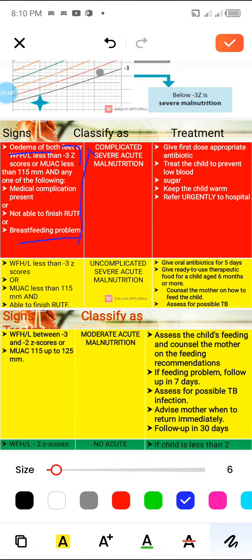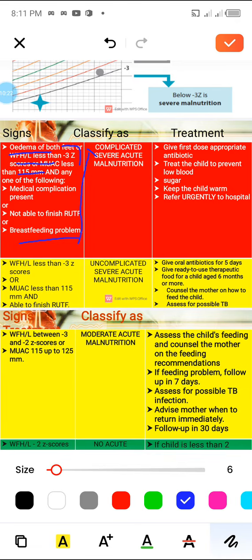If it's both feet, then you are going to write that under your assessment, look and feel. Okay, then weight for height length is less than -3 z-score, or MUAC less than 115 millimeters. Any one of these three is an indicator that the child is having severe acute malnutrition.